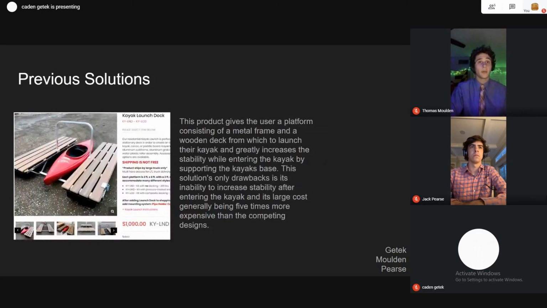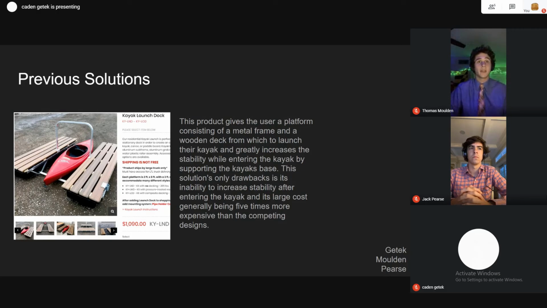So moving on, now that we have our problem, we looked at previous solutions. After creating a problem statement, we need to review the previous solutions, draw from their successes, and address their pitfalls. Here's a product, a kayak launch dock.